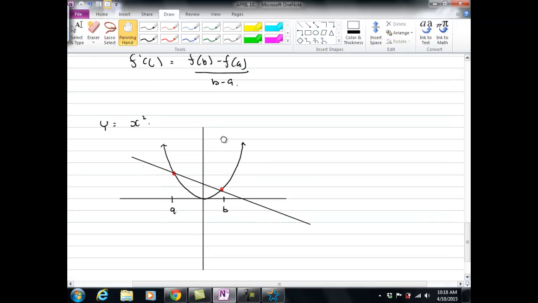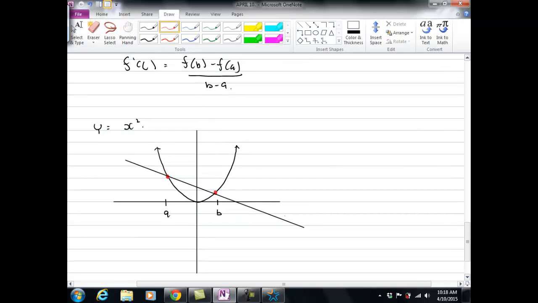So this line is right here. Would you agree the formula for the slope of this line is given by f(b) minus f(a) over b minus a? So this is what this is referring to right here, the slope of the secant line. Which means there's a point somewhere along here such that the slope at c will be parallel to this line.